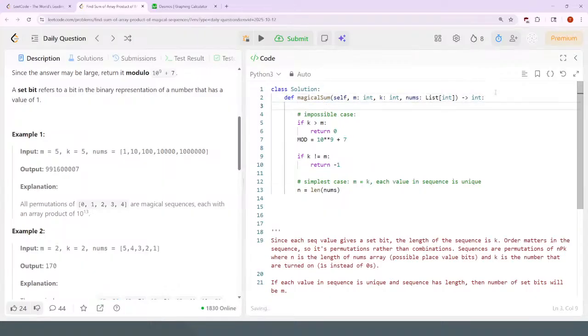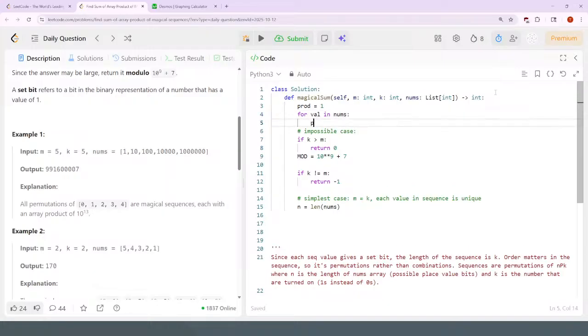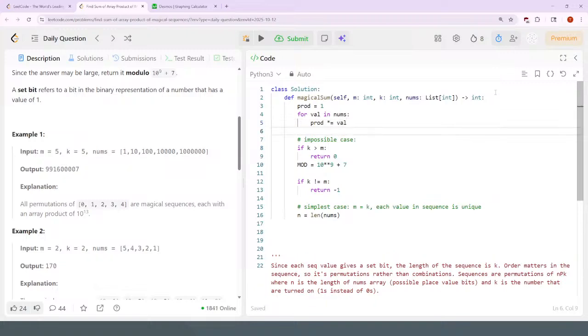So like if I have nums at 1 times 10 times 100, what is the product? Product equals 1, for every value in nums. I'm just working with the first example. Product times equals this value. And because there's 120 versions of this, the answer should be 100.